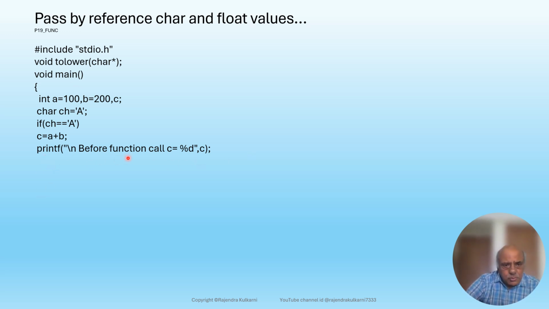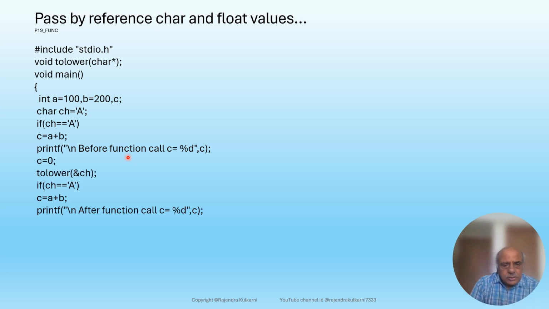This is the output. Then c has been assigned the value 0 and the toLower function is called with the address of ch being passed to the function.